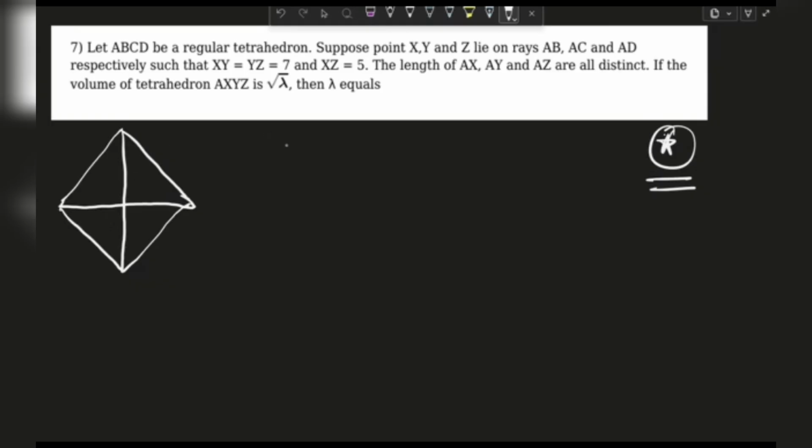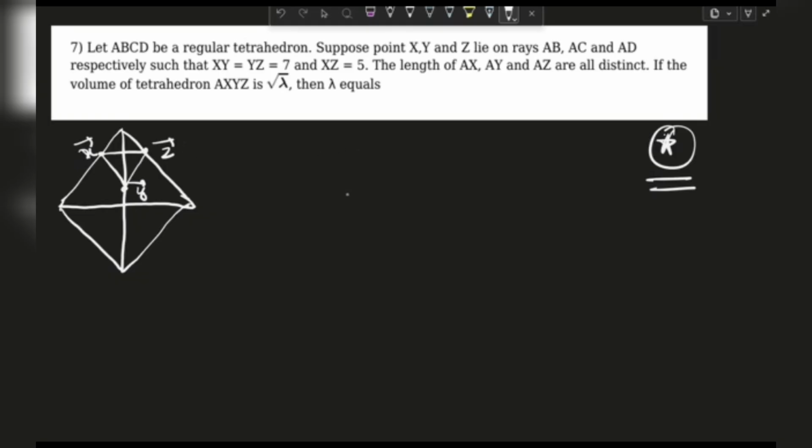And we have some more data given, that we have points x, y, z lying on the rays AB, AC and AD. So let's mark the points first. This is say your x, and I'm taking it to be small x vector. I am taking this to be your small y vector and this to be your small z vector. And we are joining these points like this.